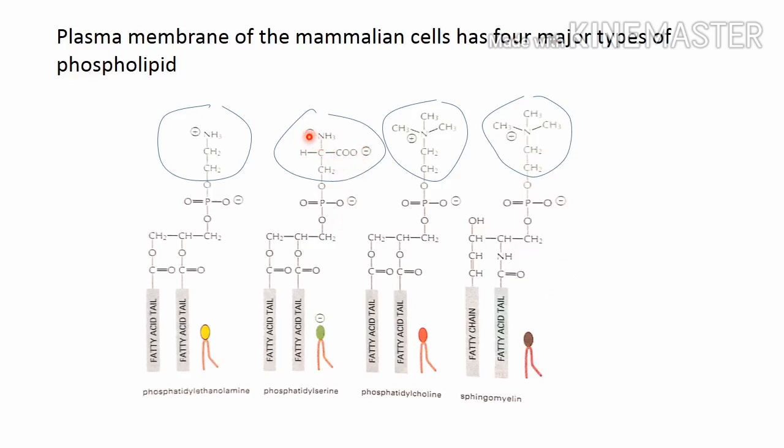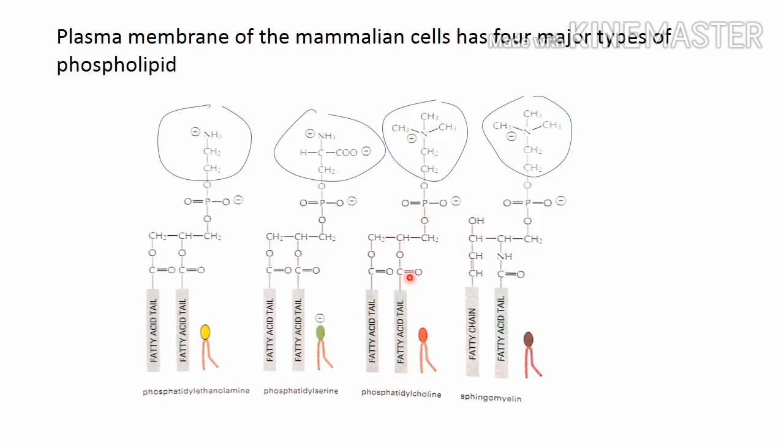So 1 positive cancels 1 negative, and ultimately this phosphatidyl serine has 1 negative charge at pH 7 or at neutral pH or at biological pH. So the phosphatidyl serine has a negative charge at biological pH.